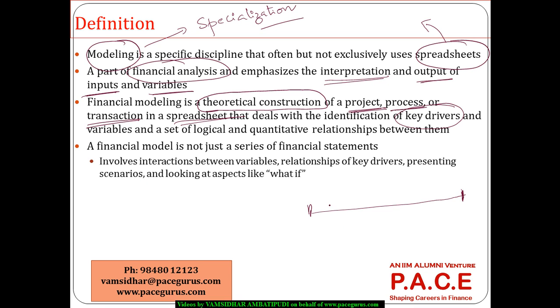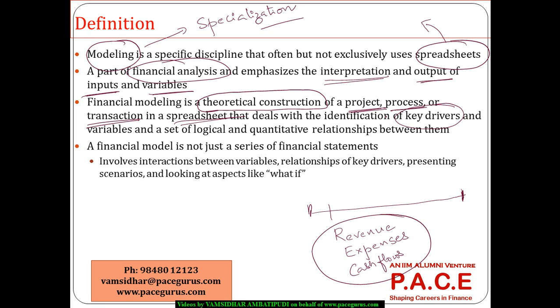What are the various drivers of revenue at different points in time? What are the drivers of expenses at different points in time? What are the drivers of cash flows at different points in time?